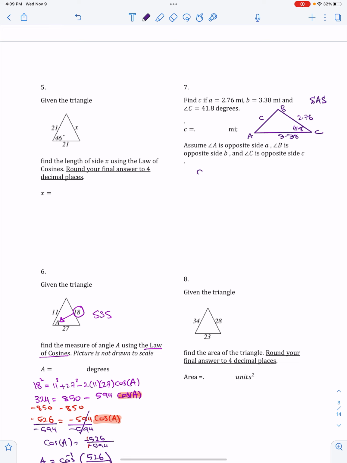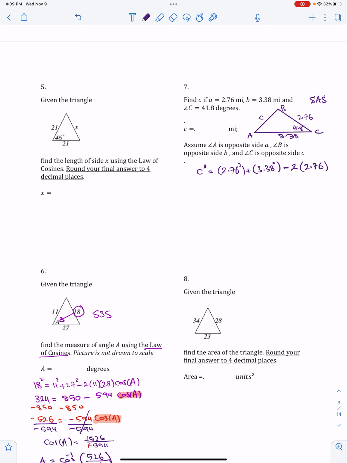So we're going to say side C squared is equal to the other sides squared, so 2.76 squared plus 3.38 squared minus 2 times 2.76 times 3.38 cosine 41.8.